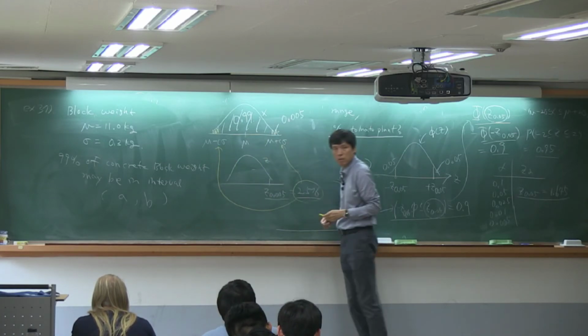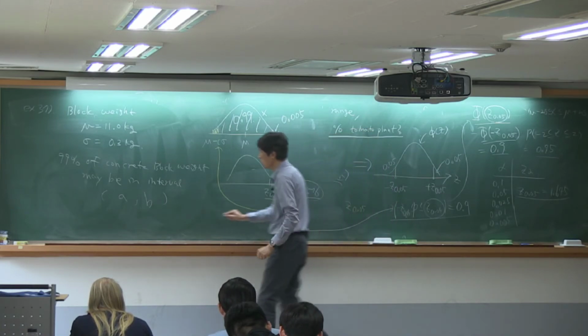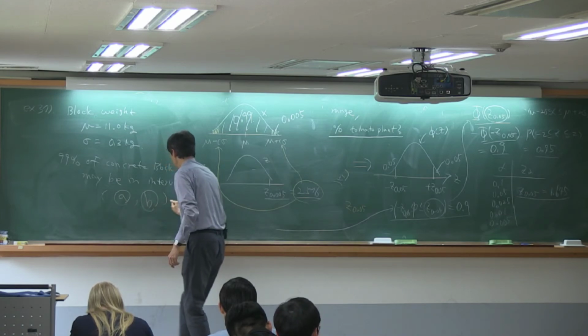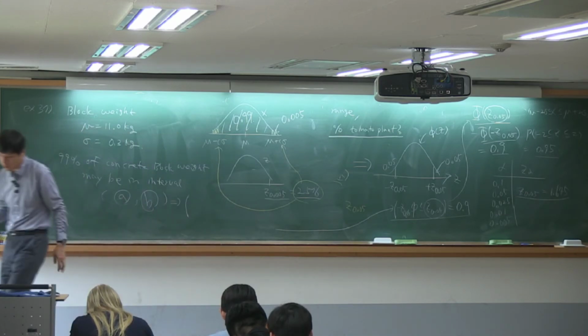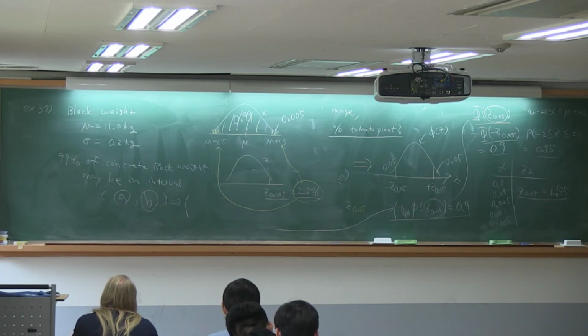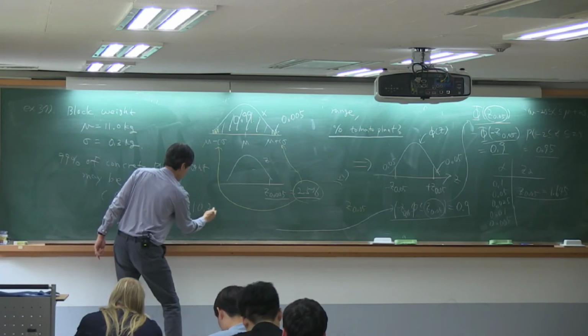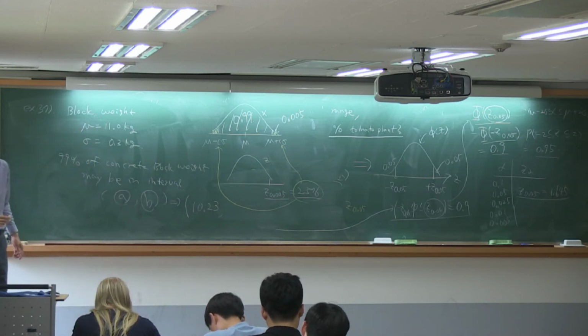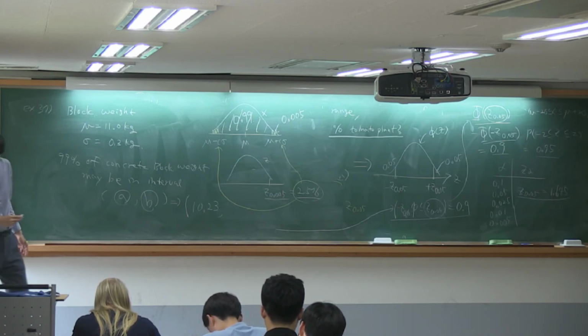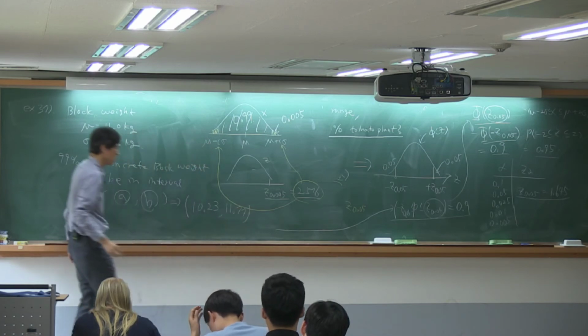Putting it in, what is the range A and B? You can calculate this from the textbook, and it becomes from 10.23 to 11.77. Okay.